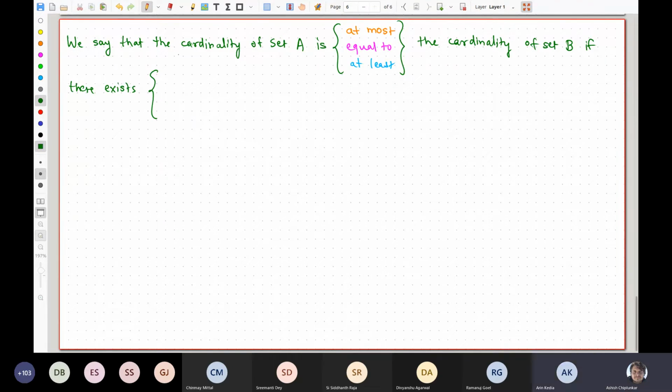When do we say that the cardinality of set A is at most the cardinality of set B? We say that when there exists an injection from A to B. Yeah, very good. Injection from A to B, bijection between A and B. Sorry, I should have changed the color.